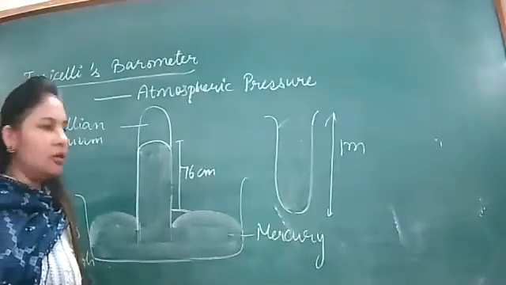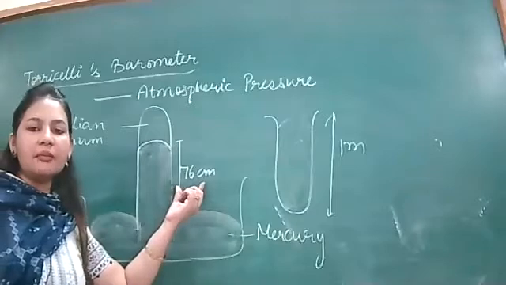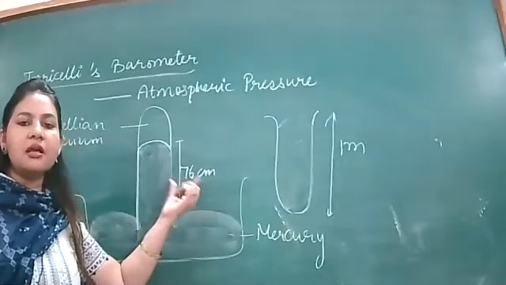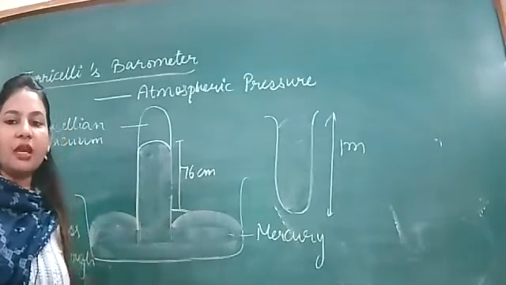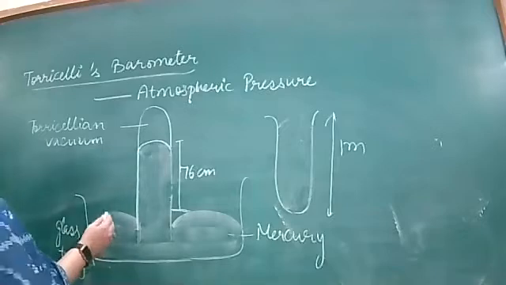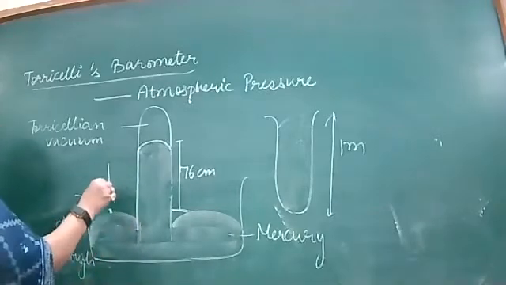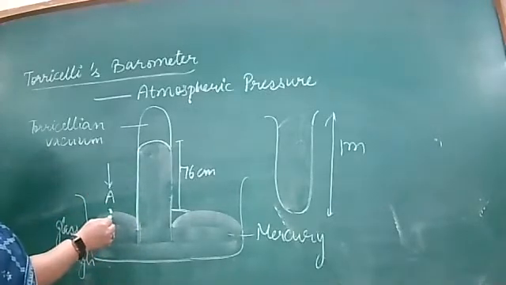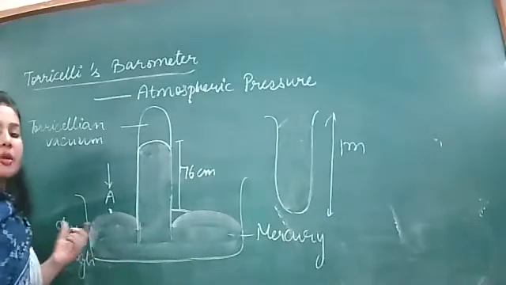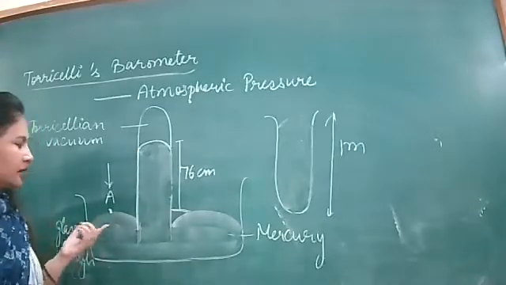How can we know that this 76 centimeter of mercury column will be giving us a pressure equivalent to 1 atmospheric pressure? See, let us take a point A here outside. You know how much pressure is acting at point A? That is atmospheric pressure because it is exposed to air, right?